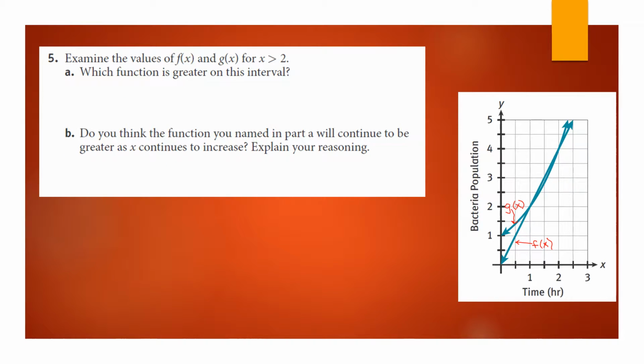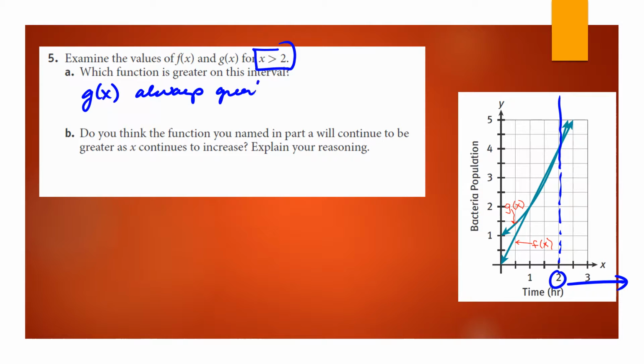Now we're going to examine the value of both functions for where x is greater than 2. So everything from here on. So if we look at it, go up here and look at it from here on, everything after that, the curved one's crossing back over, and then it's always going to be above the linear one. So g of x is always greater after x is greater than 2.